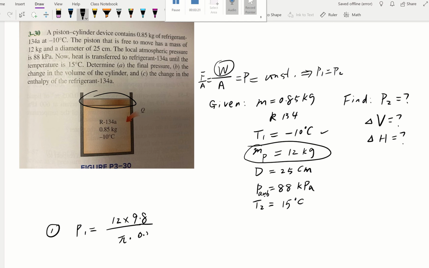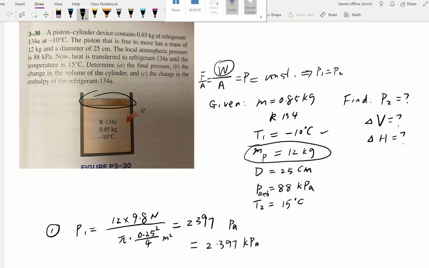Here I'm going to use d in meter, 0.25, so pi d squared over 4 has units of meter squared, and the force is in Newton, so we'll get units of Pascal. Let's see what we have here. I have 2396.97 Pascal. That's the pressure, and if we convert, it's 2.397 kilopascal.